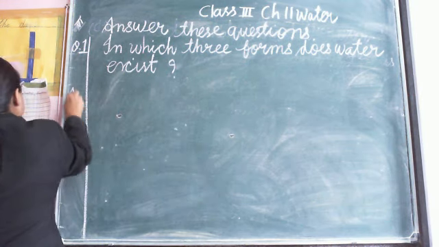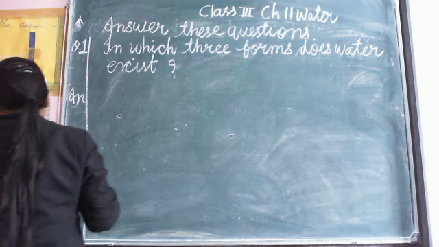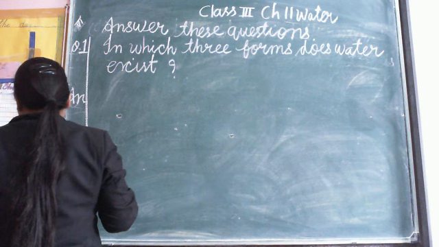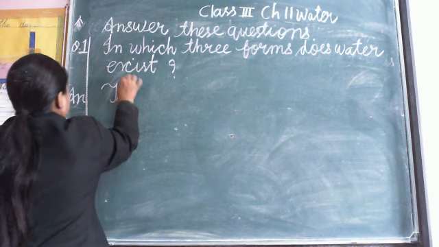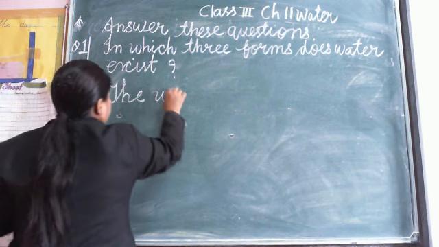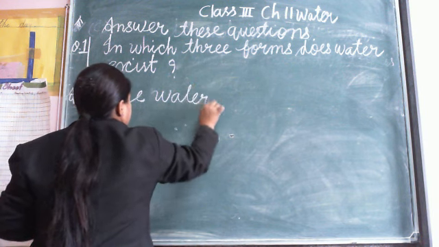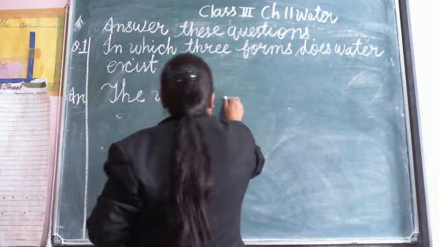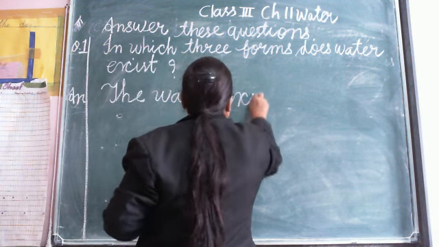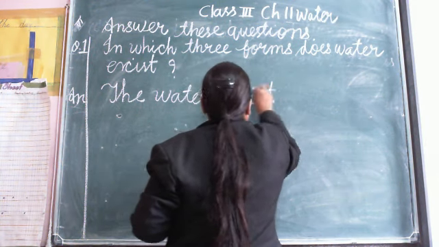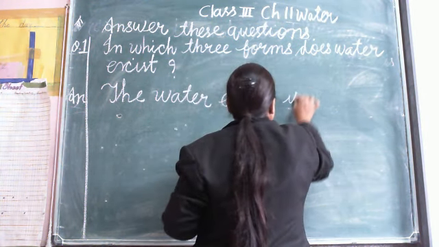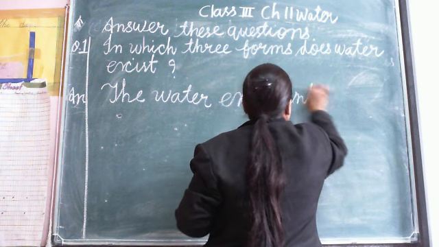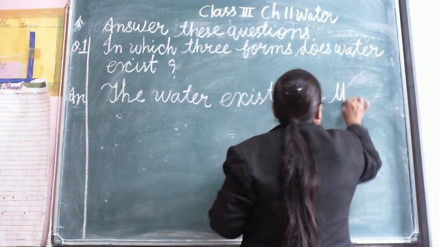So your answer is: the water exists into 3 forms.